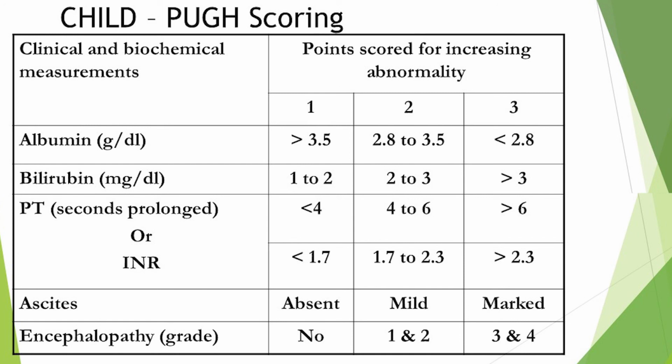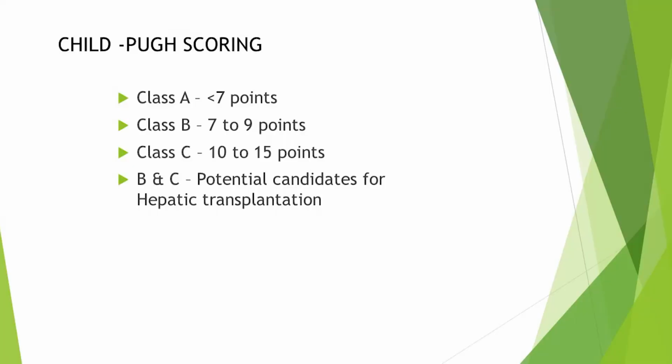If the patient has not developed hepatic encephalopathy, it is relatively good. But if the patient develops marked ascites or grade 3 or 4 hepatic encephalopathy, it is a serious condition. In the scoring, there are 3 classes: A, B and C. C is the worst condition, and B and C are potential candidates for liver transplantation.